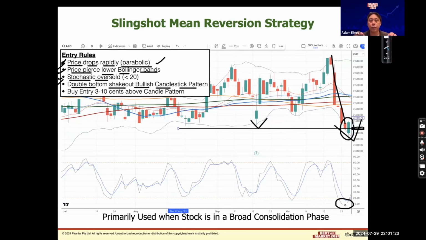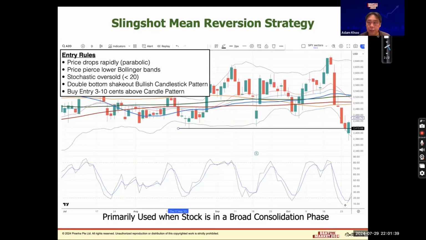I need a bullish candlestick confirmation candle. So once it has met all my entry rules, I then place a buy order just above the confirmation candle. In this case, I put the buy order at 2441.